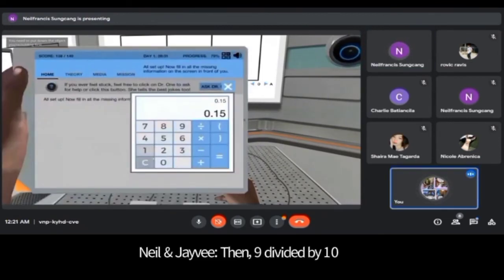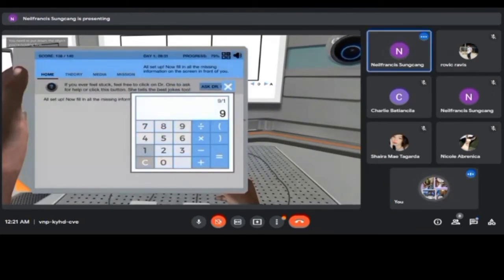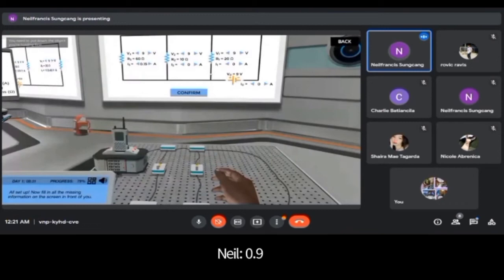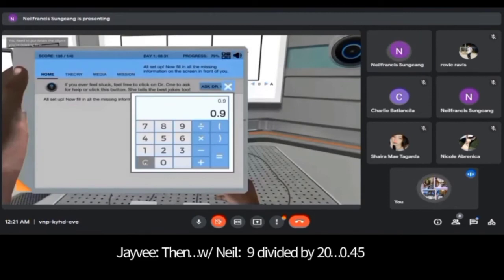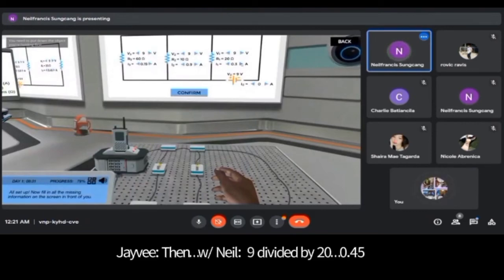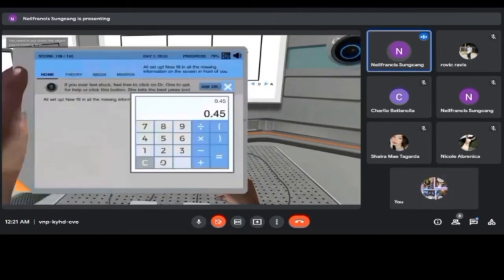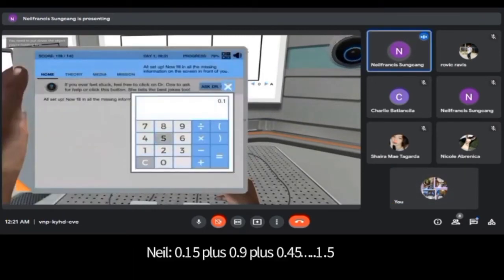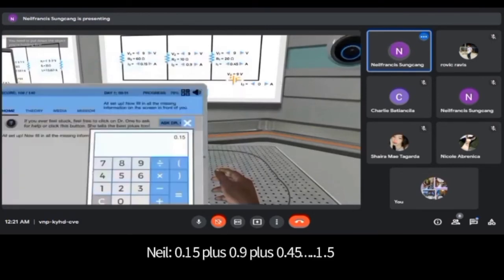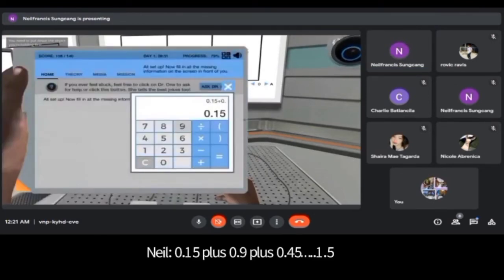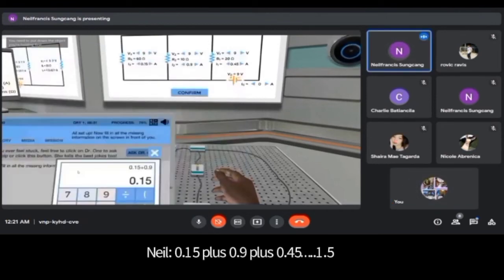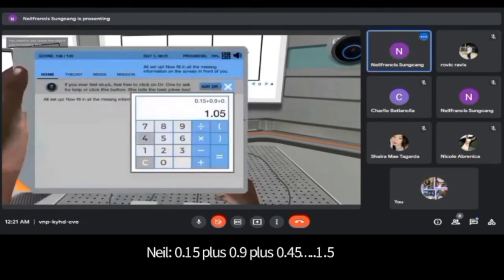Tas 9 divided by 10. 0.9. Ano? 9 divided by 20. 0.45. Tapos pag-a-addin natin lahat: 0.15 plus 0.9 plus 0.45. 1.5.